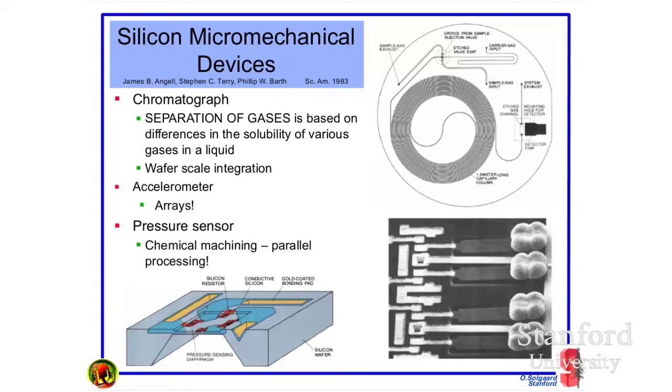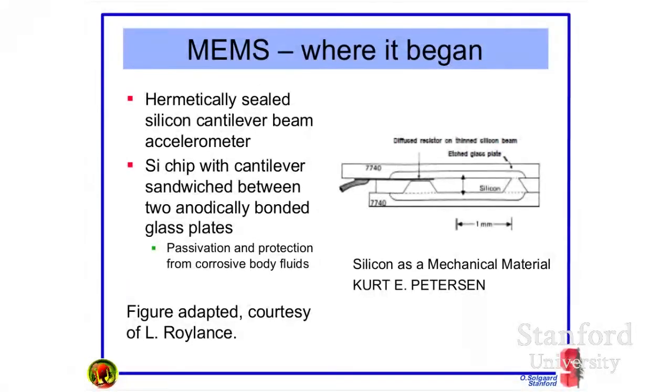Another thing that came out a little bit later was an article by Kurt Peterson. The publication was called Silicon as a Mechanical Material, and of course that goes to the heart of what I'm arguing too. Silicon is really it. That is the best possible material to make sensors out of.